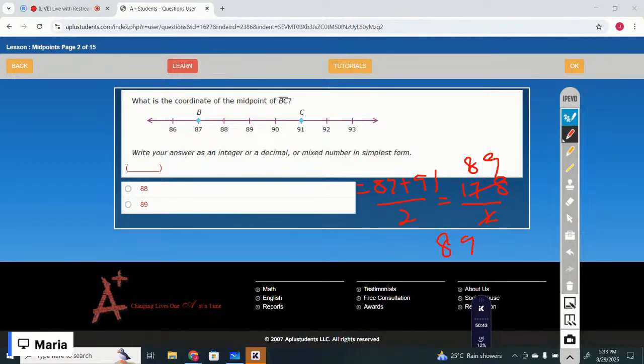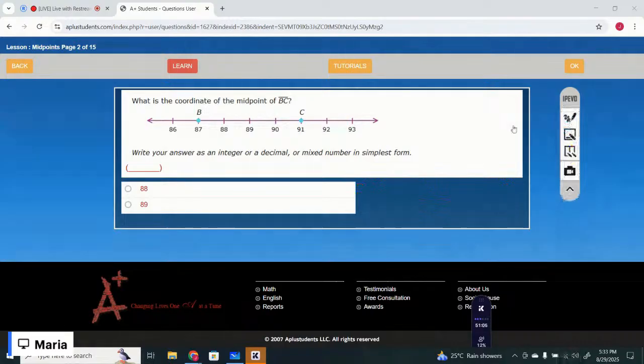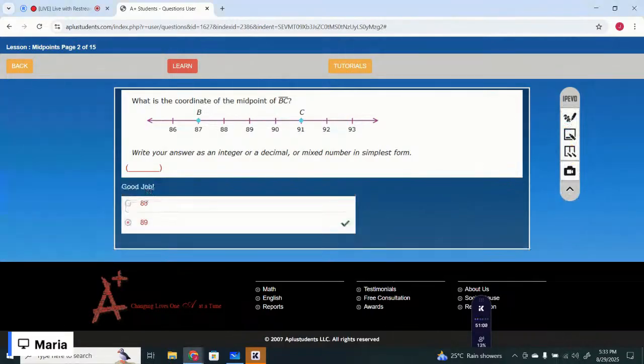So the midpoint is 89. Option number 2 is the correct option.